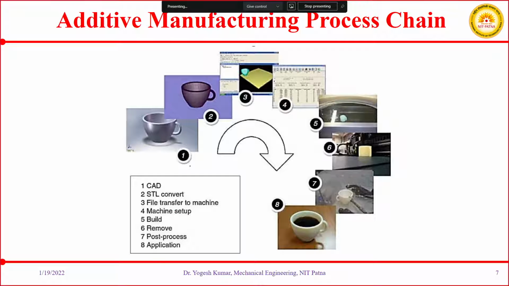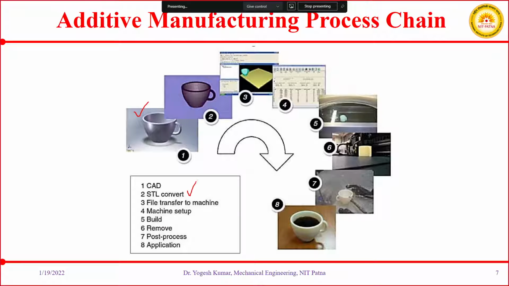So yes, here I was trying to visualize this through one bowl. Here we have a cup, and suppose you want to print this cup. You have to create a solid model, or you can say model it in solid modeling software.